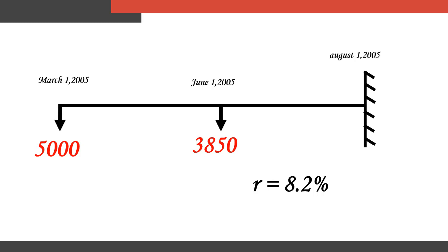At first, we must draw the timeline. We have two payments. The first $2,500 on March 1, the second $3,850 on June 1. We need to get the balance on August 1 with a rate of 8%.